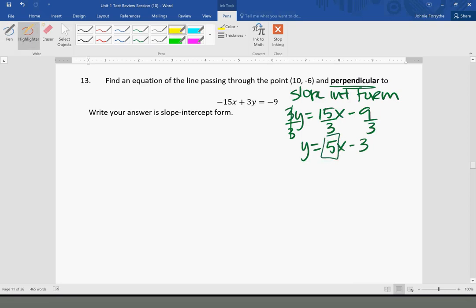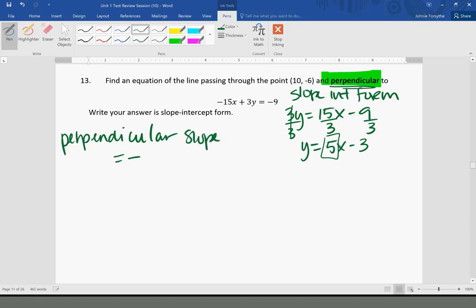Our slope is perpendicular to 5. So for the slope that we want to use, the perpendicular slope is going to be negative 1 over 5. That's going to be the m that we want to use.